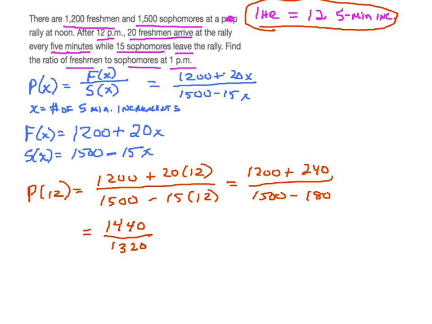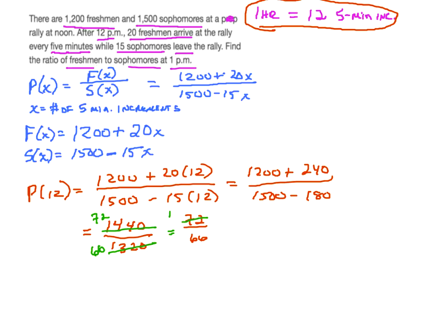divided by 1,320, and I can start reducing this fraction. I know that they each have a factor of 20 in them, so that's where I'm going to start. If I divide 20 out of 1,440, I get 72. And if I divide 20 out of 1,320, I get 66.